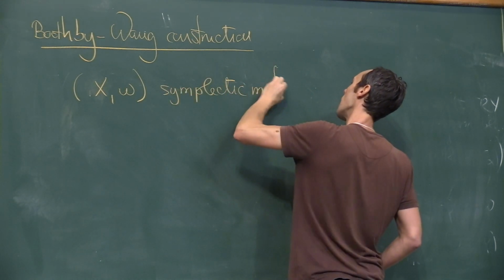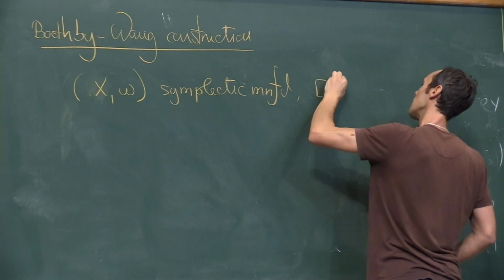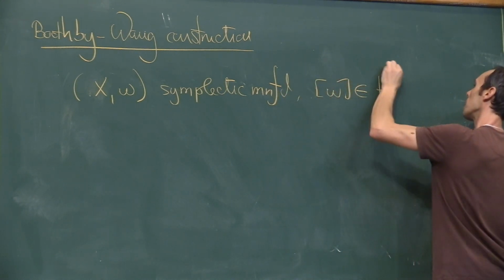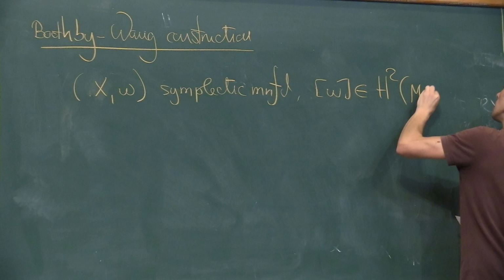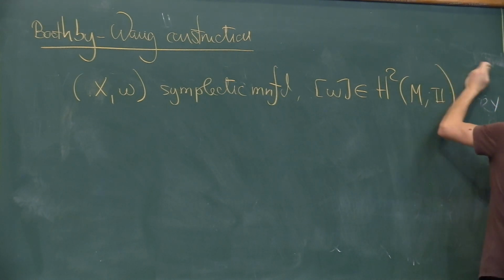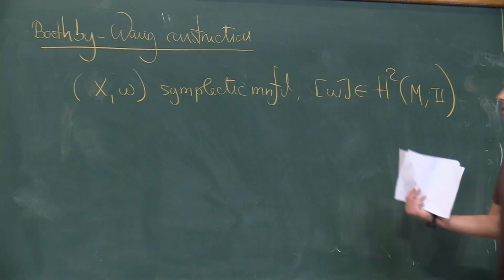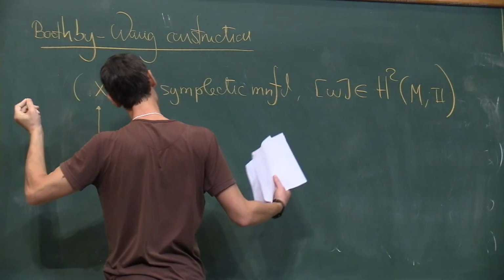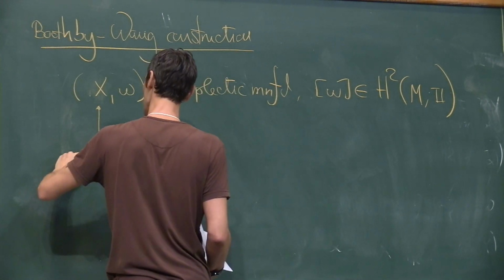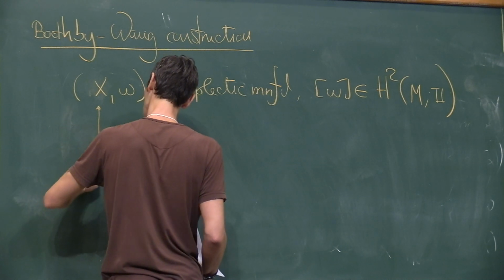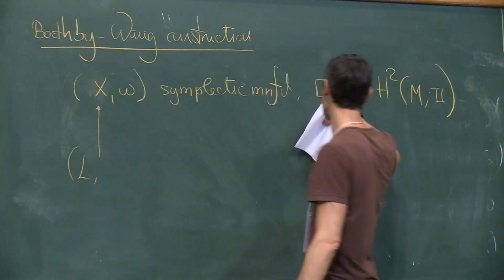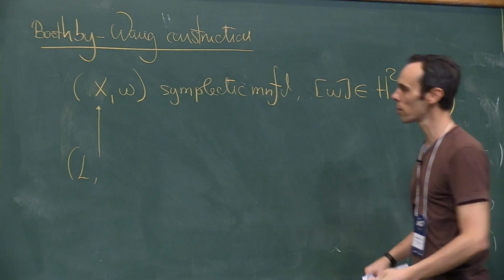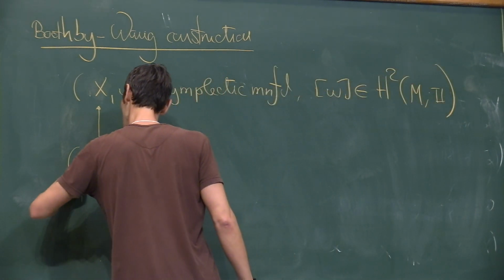So take (X, ω), a symplectic manifold with the assumption that your cohomology class is in the image of the integral cohomology. So in such a situation, you know that you have the pre-quantum line bundle. This is a line bundle whose first Chern class is precisely this class, but even more, this line bundle is Hermitian.